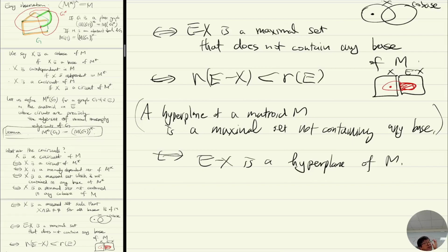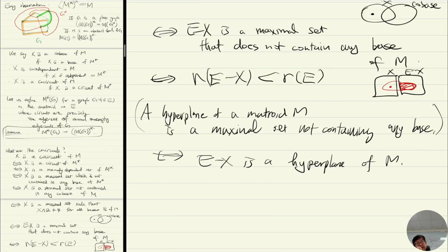Right? So what are the hyperplanes in a vector matroid? In a vector matroid, if let's say you have a rank 4 vector matroid, then you take a base of 4 elements. If you take only 3 and look at all possible vectors which are spanned by them inside the matroid, that will form a hyperplane.